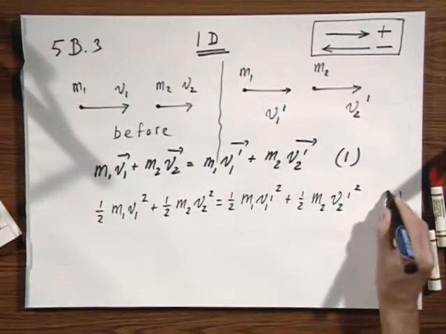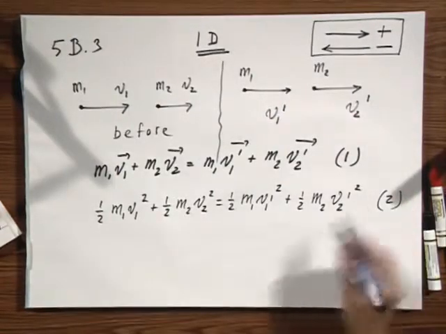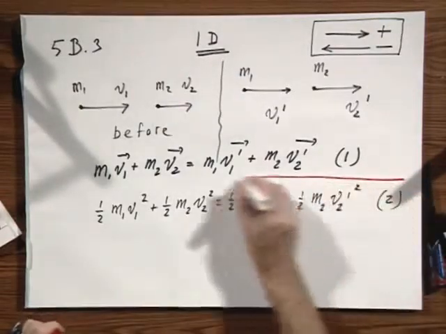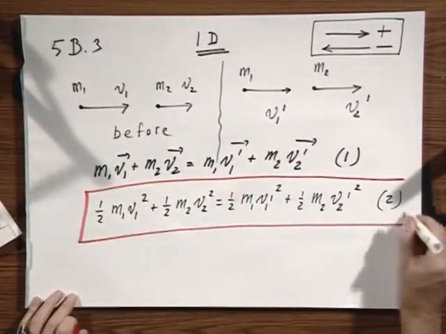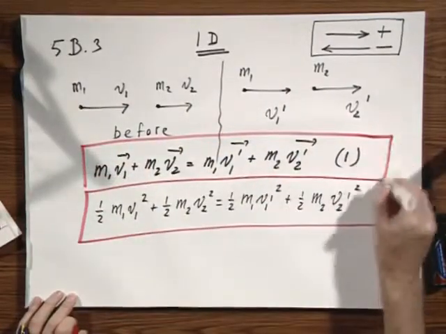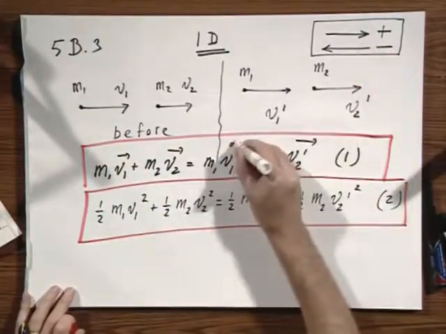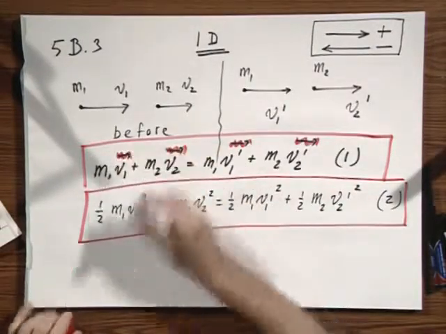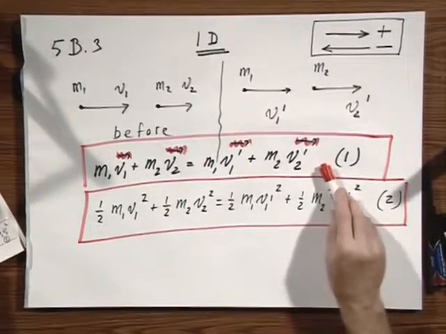That is equation number 2. That is the conservation of kinetic energy, which only holds if this is an elastic collision. And this is the conservation of momentum, which in this 1D case, observing our sign convention, we can even delete the bars.